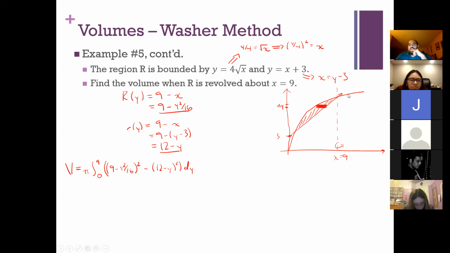I think I have an issue with the limits. So we found, I think we found that these two equations intersect at x equals 1 and 9 earlier, right?